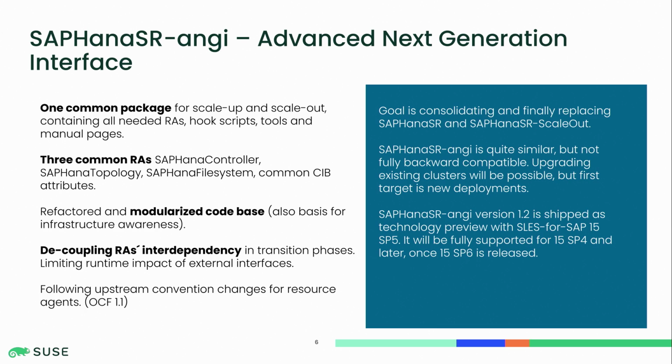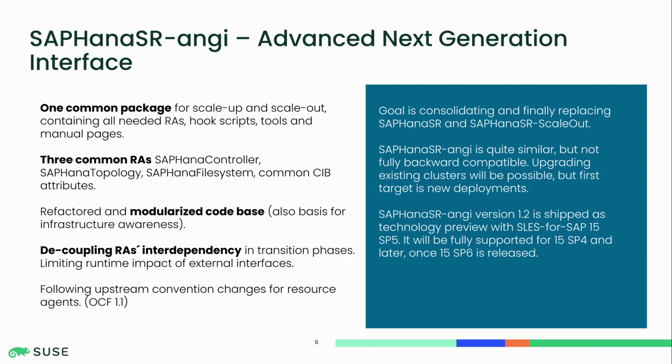And we separated the code. We found out that a lot of code in SAPHanaController and SAPHanaTopology is the same. So we decided to do something like bash libraries, which are loaded by all of those resource agents. So we have something like a common code base, and if one resource agent is fixed, then all other resource agents are also fixed. And we decided that we want to decouple the dependencies of the resource agents a bit.